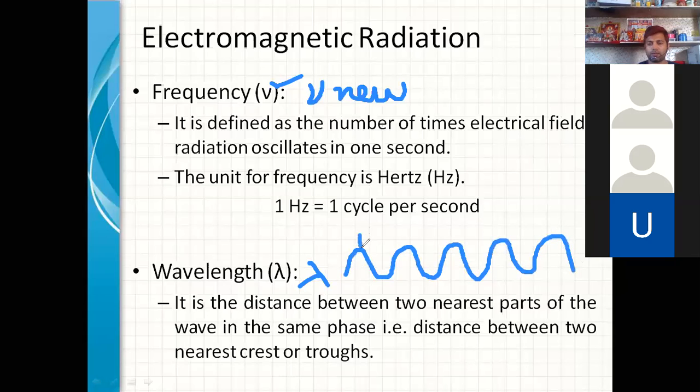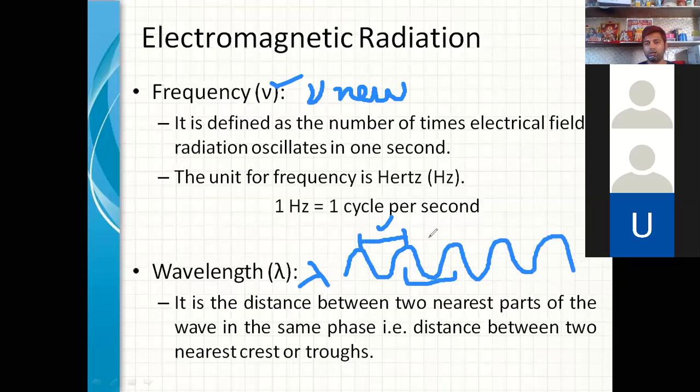The difference between two troughs, or the difference between these two crests, is known as wavelength.